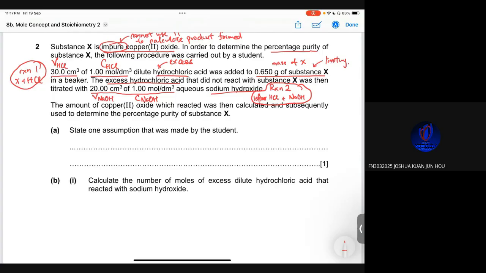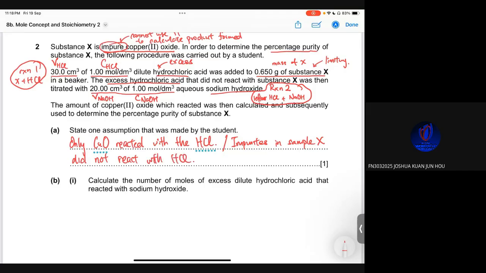So therefore, one assumption that I must make in this whole calculation, and I hope that it is a correct assumption in real life when I'm doing an experiment, is that only copper oxide reacted with the HCl, which means that the impurities in sample X did not react with HCl.